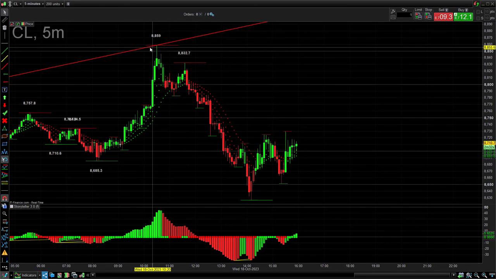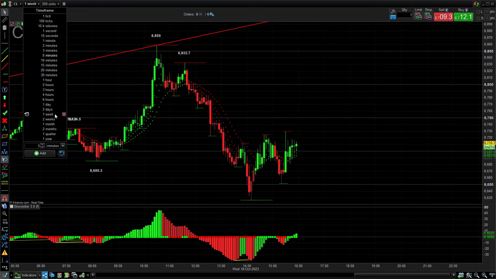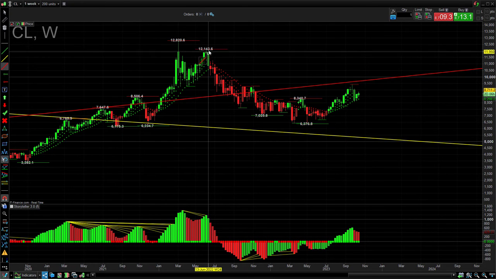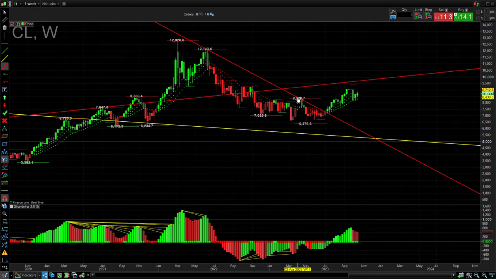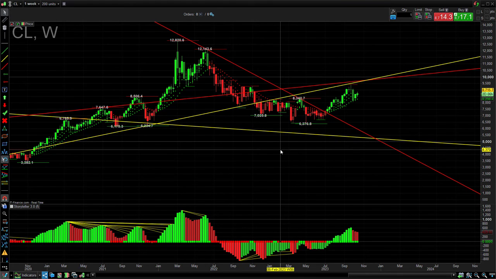Okay, so what I suggest, especially if you're trading off smaller time frames, get out to those bigger time frames, take a look, see what's setting up, because often you could be slamming right into major support, major resistance, and then you know exactly where you are in line with that trend.